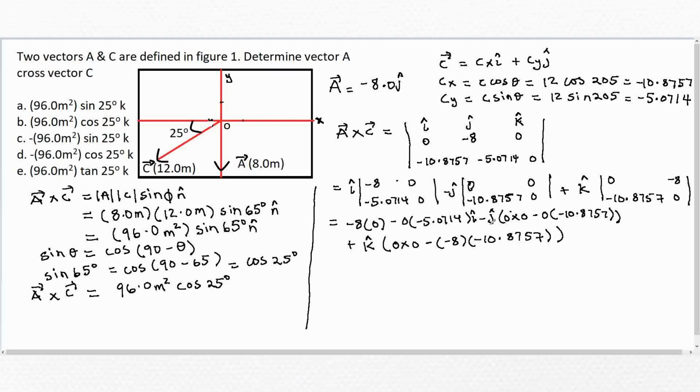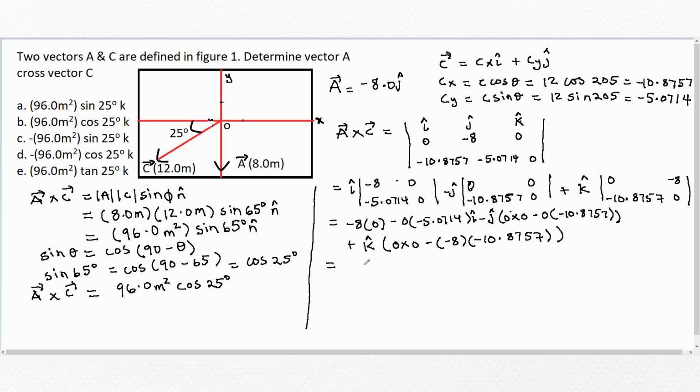Now let's come to the j side. We have 0 times 0 minus 0 times this, so this also goes to 0. The only term that survives is the k term. So we have 0 times 0, which is 0, minus -8 times -10.8757.